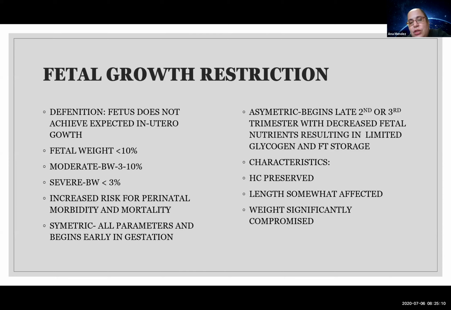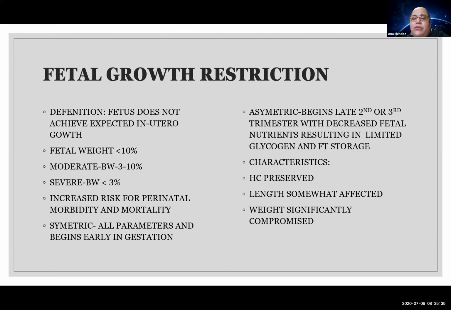If it's asymmetric fetal growth restriction, it is more related to something that happened in the second and third trimester, with decreased fetal nutrition resulting in limited glycogen and fat storage. I forgot the A between F and T, so that's fat storage. Characteristically, they have a head circumference that's preserved.